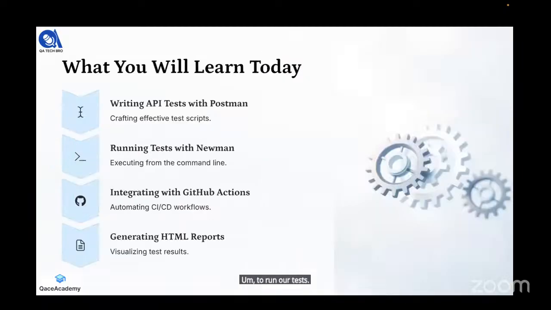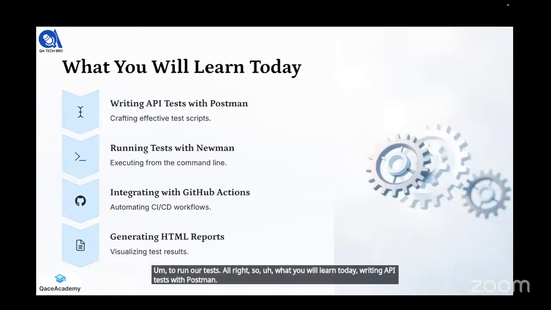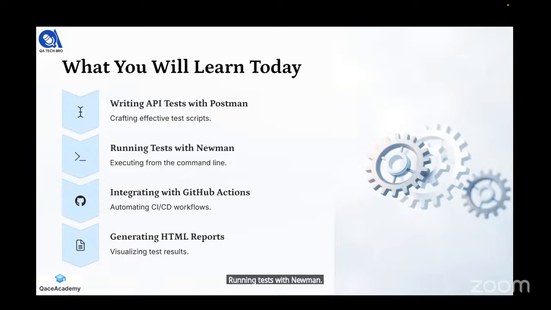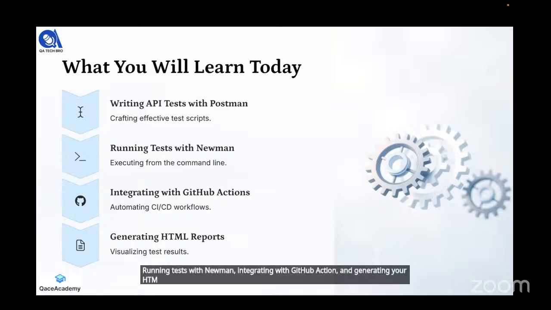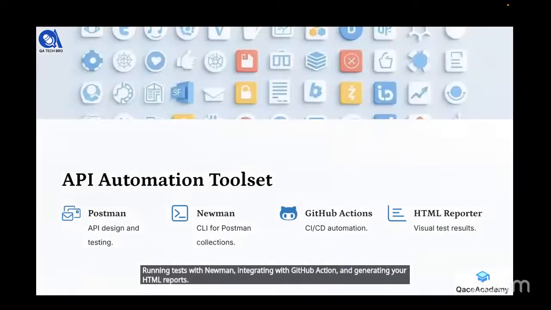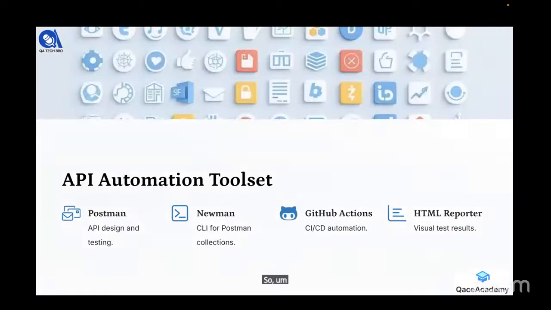All right, so what you will learn today: writing API tests with Postman, running tests with Newman, integrating with GitHub Action, and generating your HTML reports. So for API automation tool sets, these are the tools we need. The first one is the API and the Postman.